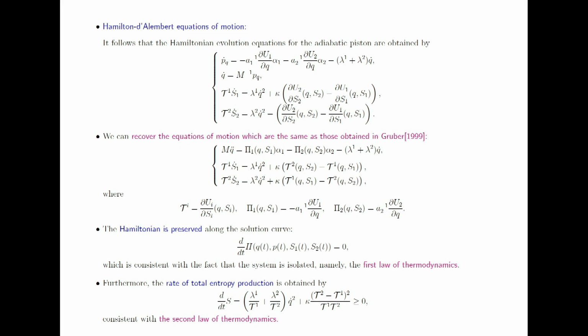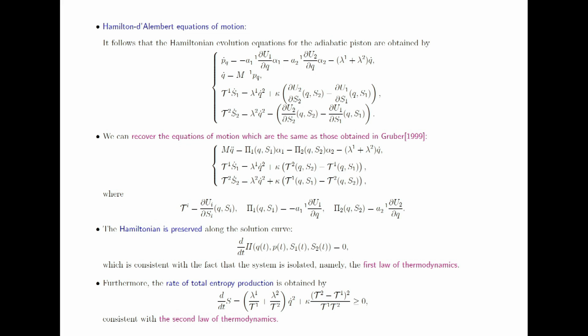This is a bit interesting because we have friction and heat conduction. Usually such a system is understood as a dissipative system, but here we show that this is a conservative system because we complement the thermodynamic evolution equations.